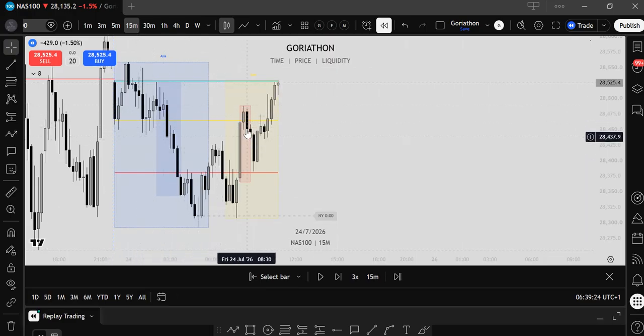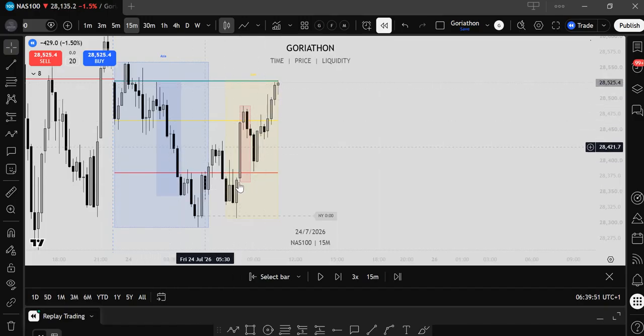This is where most of the time the price is reacting or ranging, right? This can also be considered the median of the price. And then you have a red line at the bottom which will act as a support. So if you're looking for buys and you're at a key area, this line would act as a support, and then this line would act as a resistance, in other words.